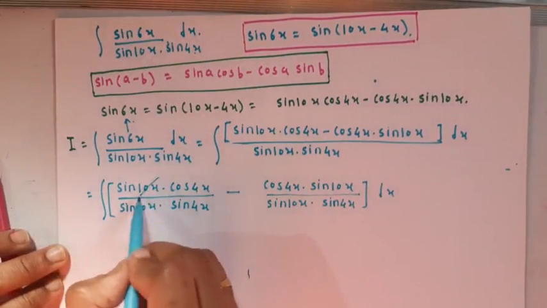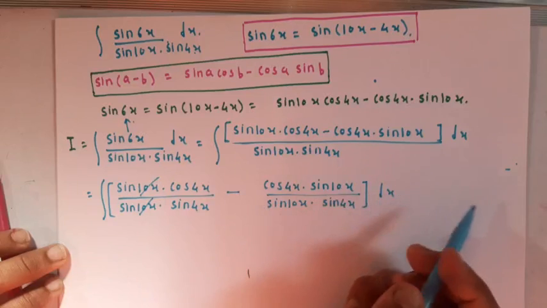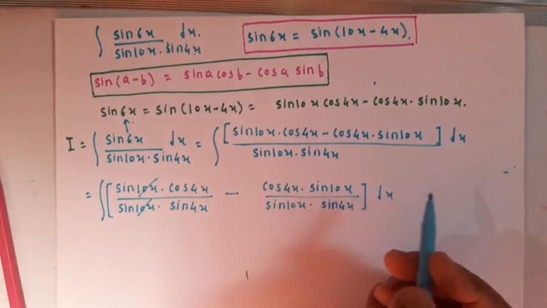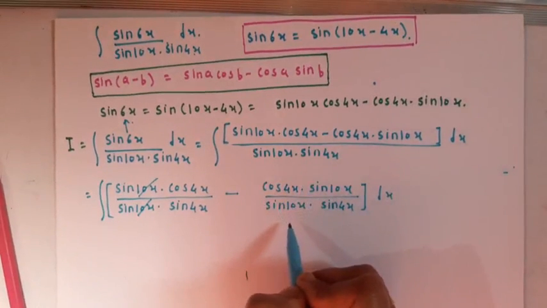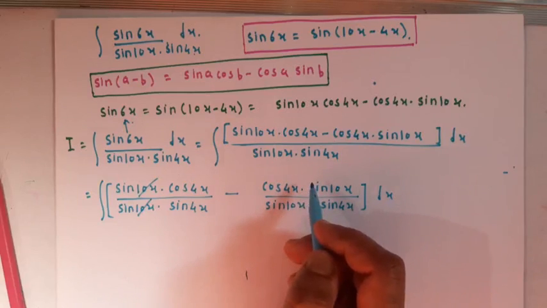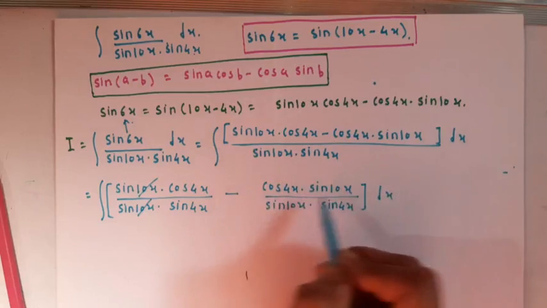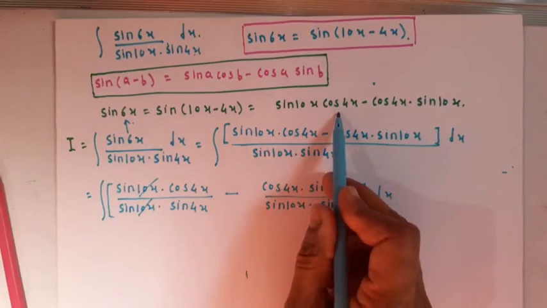So here sin of 10x gets cancelled in the first term, and in the other term sin 4x gets cancelled.